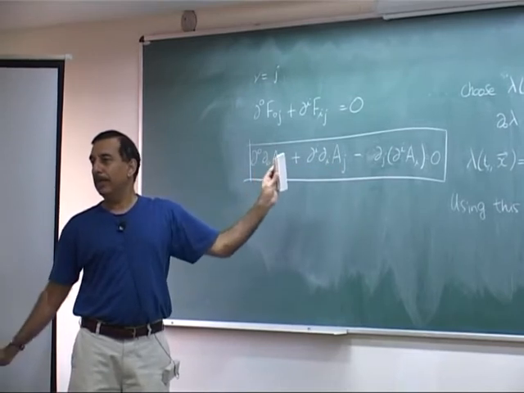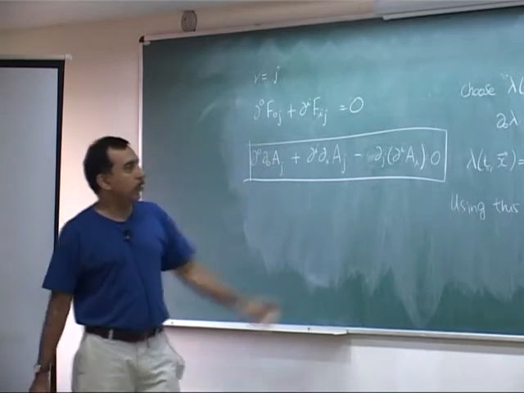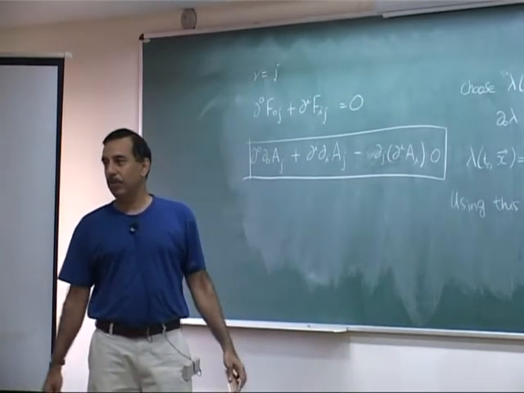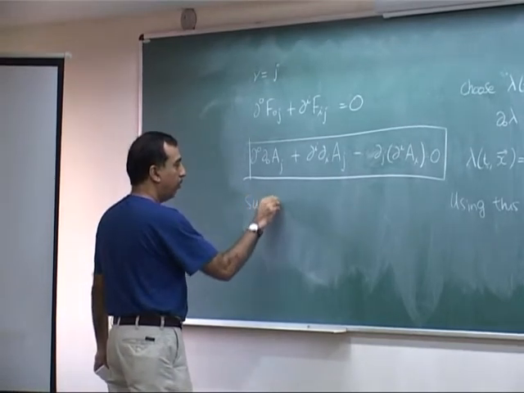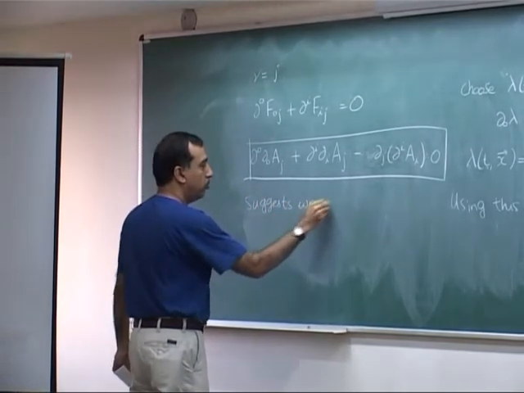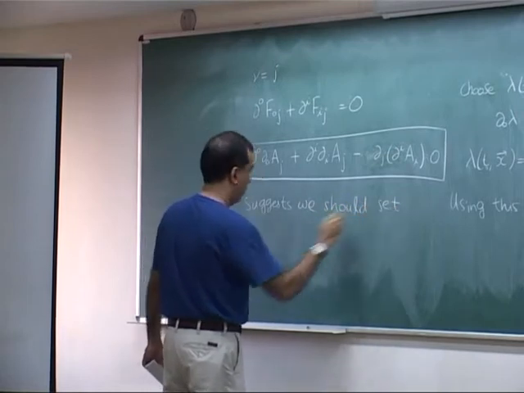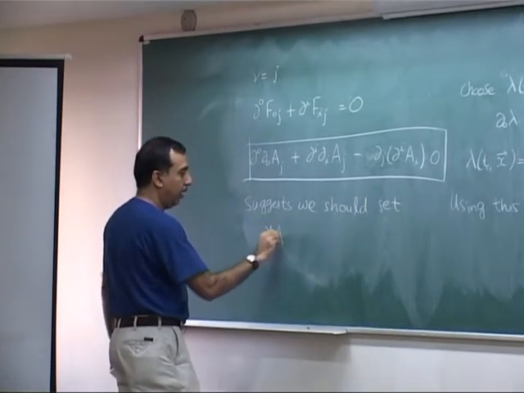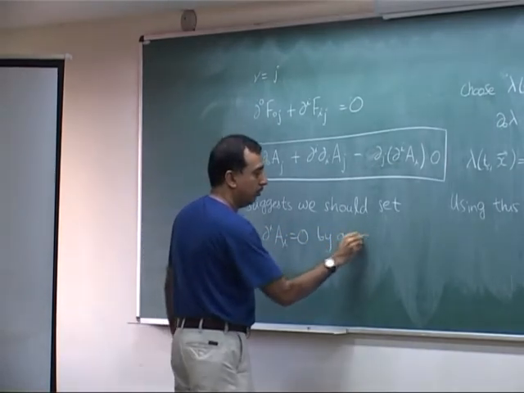A0 is gone anyway. The other three would satisfy a nice Klein-Gordon equation. So it's tempting to try and set del I AI to 0. This suggests we should set del I AI equals 0 by a gauge transformation.